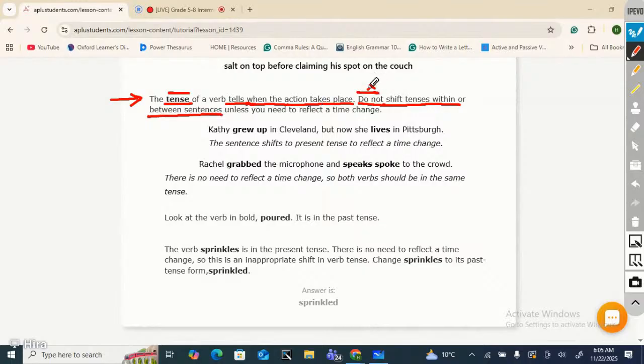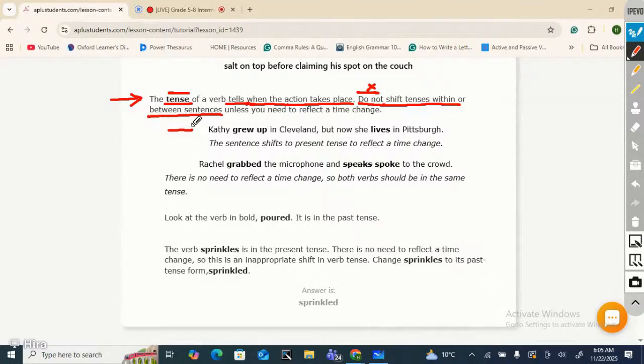Do not shift tenses within or between sentences unless you need to reflect a time change. So, this is one condition. If you need to reflect a time change, then you can shift tenses within or between a sentence, but otherwise, you do not have to do this. Do not shift tenses within or between sentences because the tense of a verb tells when the action takes place.